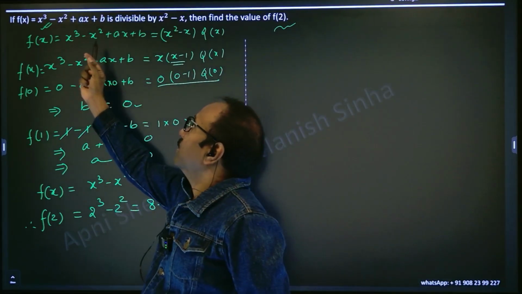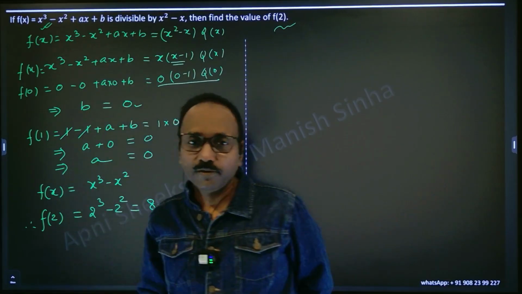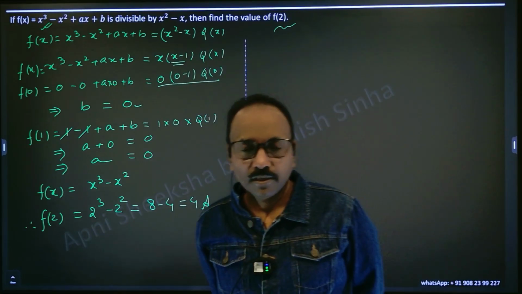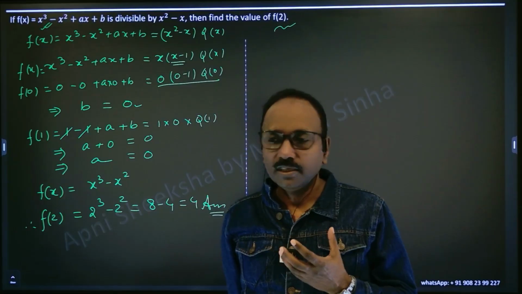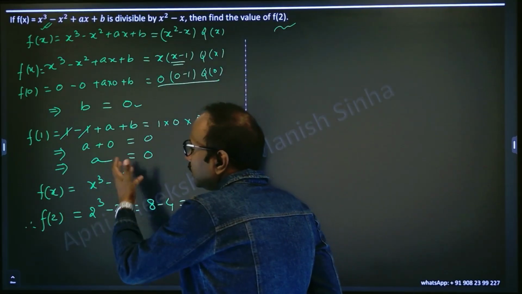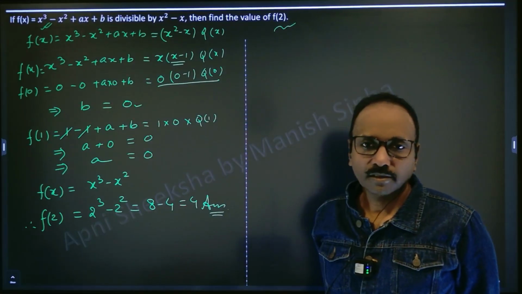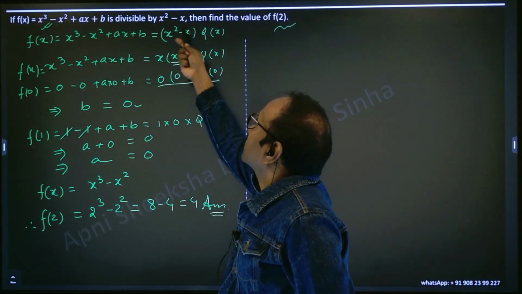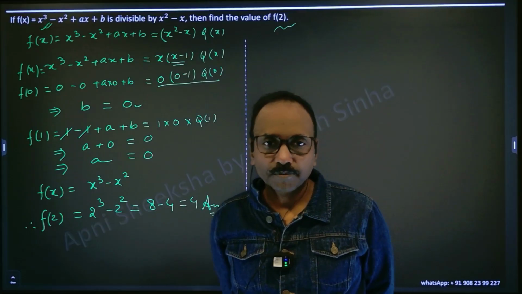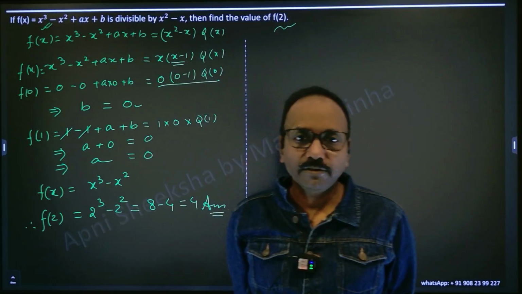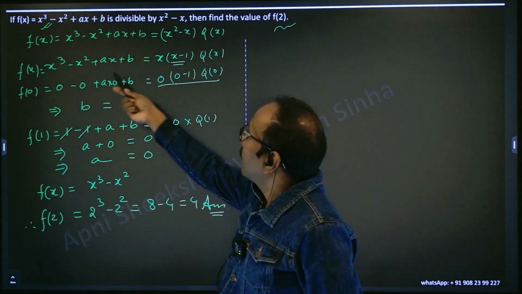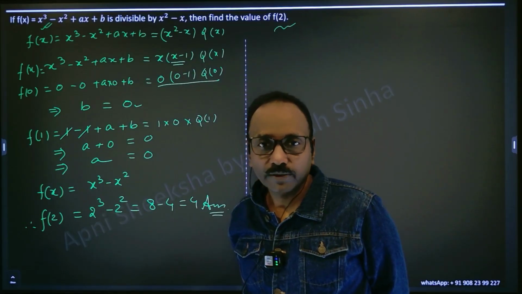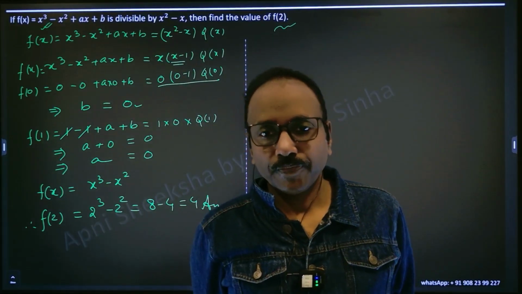The function has been given, but in this function we do not know the values of a and b. So our aim should be first to find the values of a and b and get a concrete function only in x. The factor x square minus x is given, that completely divides this function. So we will structure our polynomial like this: x into x minus 1 into q(x), from the factor theorem.